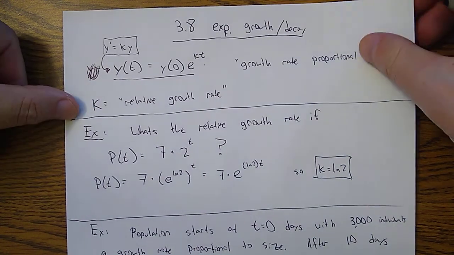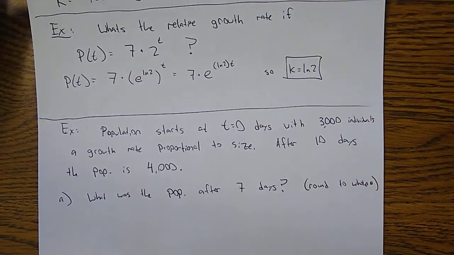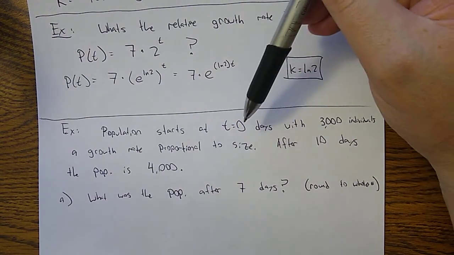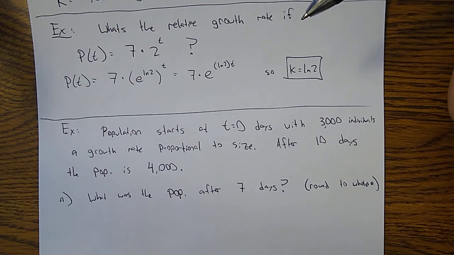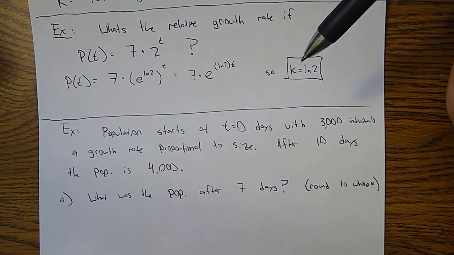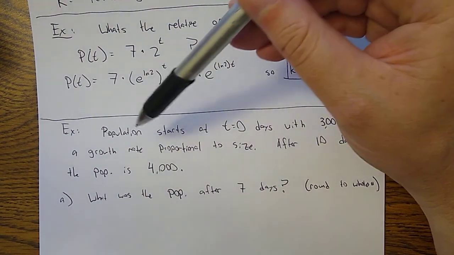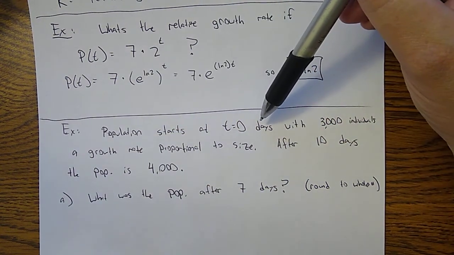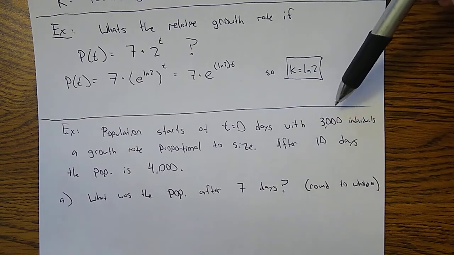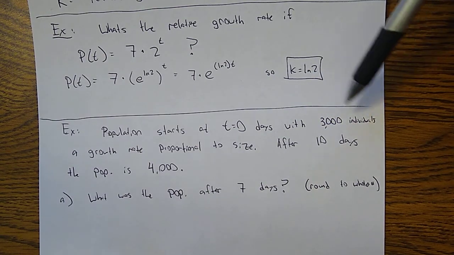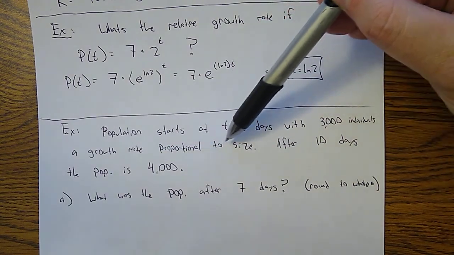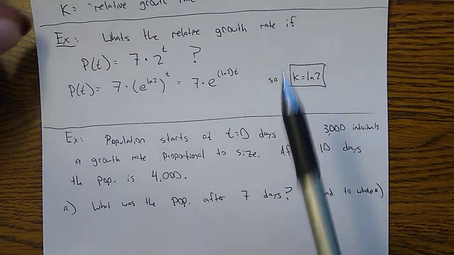Okay. And then there are some online homework questions where they give you some information about a population and how it grows, and then ask you some questions about it. So let's say we have a population that starts in the beginning at 0 days, we have 3,000 individuals, and we have a growth rate proportional to its size.